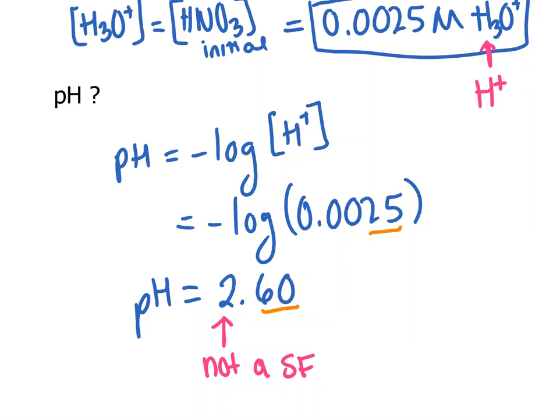And then we might ask, does this make sense? There are a couple of things we could check. One is that if we put this in scientific notation, this exponent should be within 1 of the pH, and it is. This is 2.